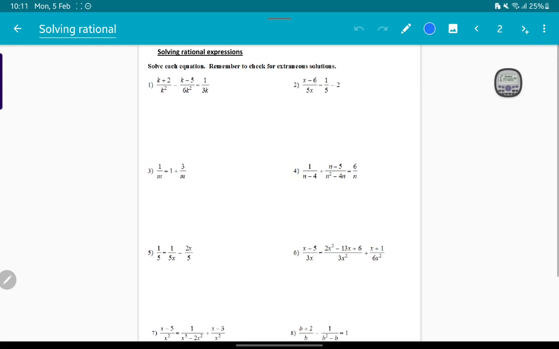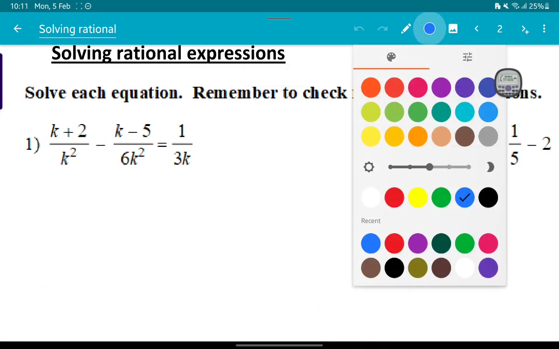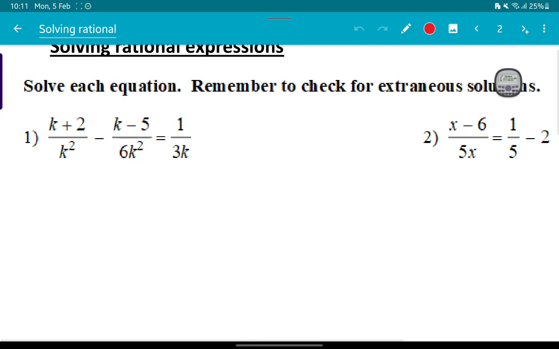Now we start. Okay, the first one, do we have same denominators? We need to multiply. This is 6, so this needs to be multiplied by 2, and this we multiply by 6. But when we multiply this by 6 up and down, this is 6k squared, this is 6k squared. When we multiply this only by 2, this will make it 6k, so need to multiply also by k.